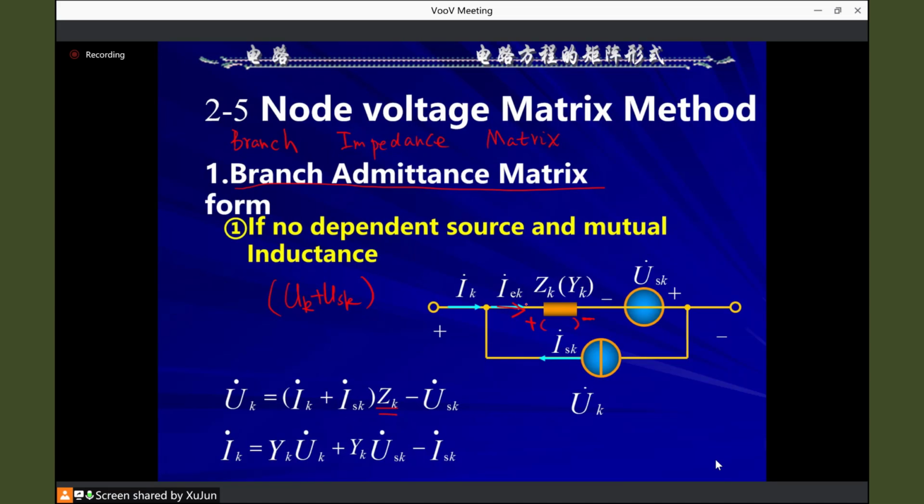And so this current Iek is Yk multiplied by this voltage. So this part is Iek, minus Isk, this current source, will be the Ik. So this function uses voltage Uk to express Ik. This function uses Ik to express Uk.